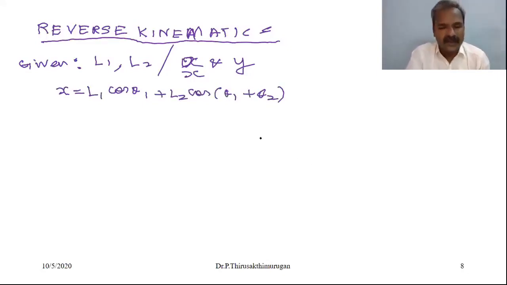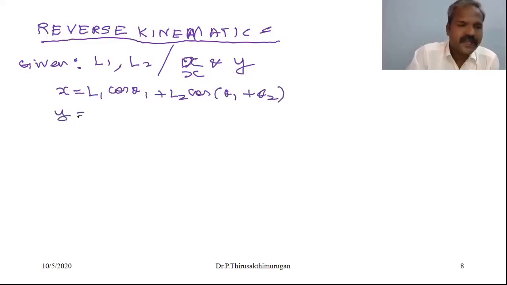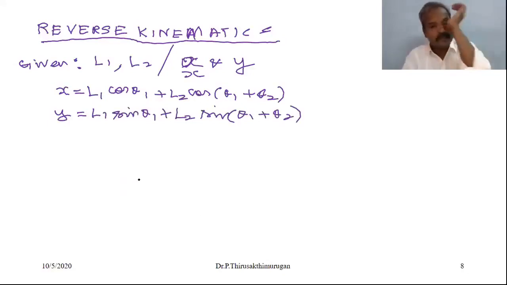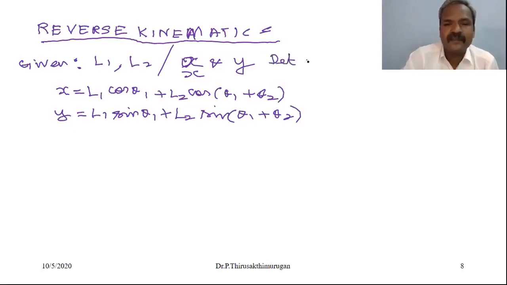Y is also already determined by forward kinematics: L1 sin theta 1 plus L2 sin of theta 1 plus theta 2. From these relations, L1 and L2 are constants. So what is the question? Determine theta 1 and theta 2.